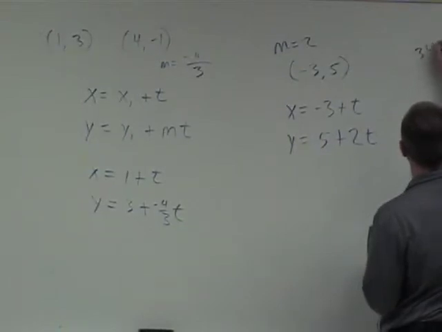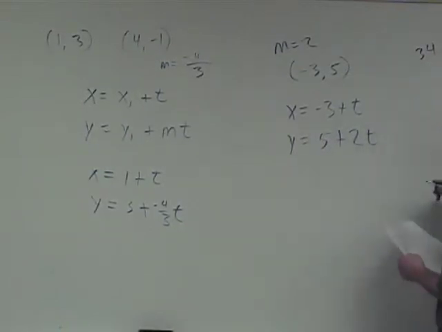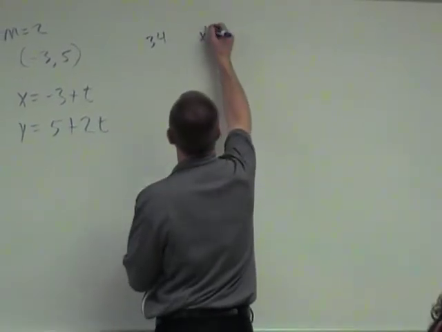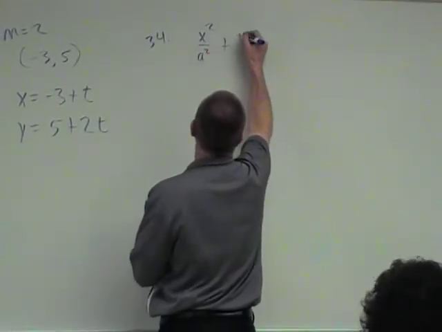This is number 34. Given the rectangular equation, give me the parametric equations that you started with. So this is backwards from what you did last night. Hopefully you kind of figure it out because you've already done it one way, or at least hopefully you worked on it. So here's a generic ellipse.